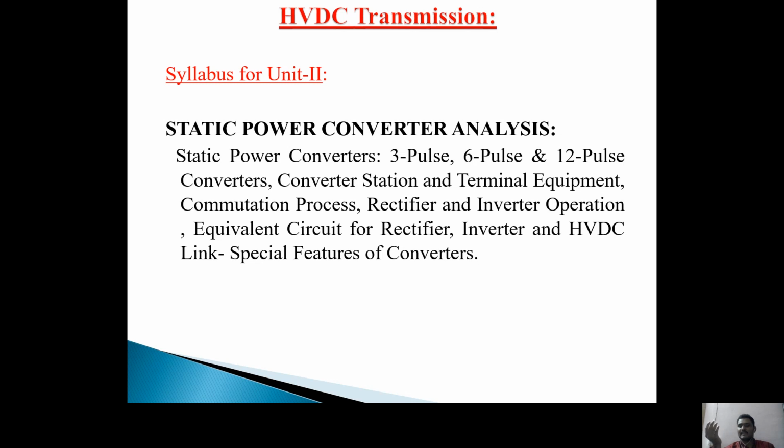In this one, we have to analyze the 3 pulse, 6 pulse, and 12 pulse converters, and after that the converter station and terminal equipment concept, then the commutation process, then rectifier and inverter operation, then equivalent circuit for rectifier, inverter and HVDC link, and lastly we will discuss the special features of converters.